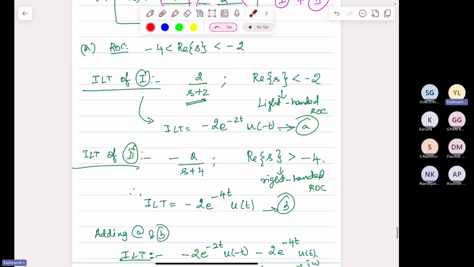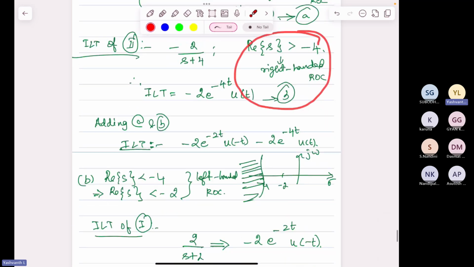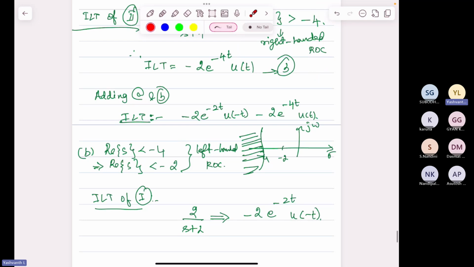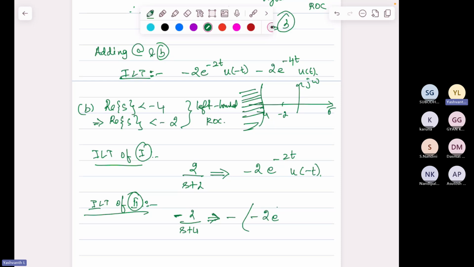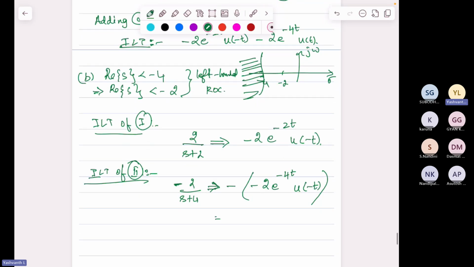The second term is minus 2 by s plus 4, and its inverse Laplace transform, because of the left-handed ROC, is minus of minus 2 times e power minus 4t into u of minus t, which equals 2 times e power minus 4t into u of minus t.